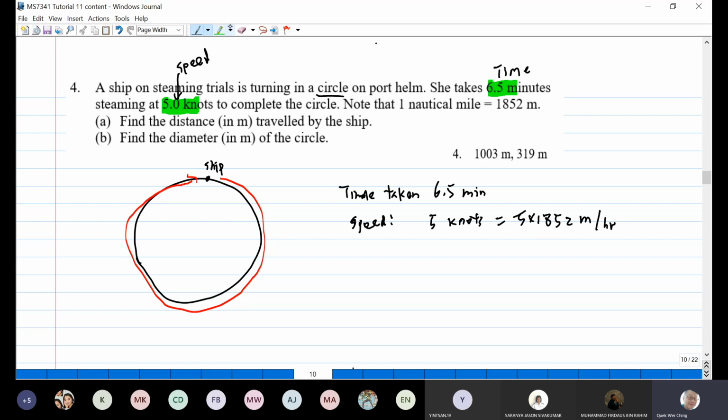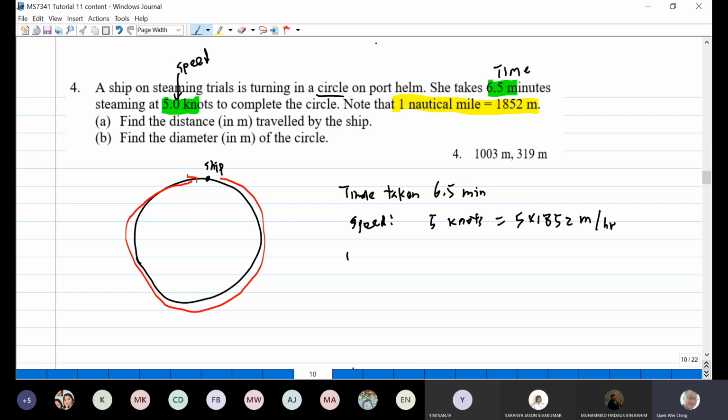Actually, knots are basically nautical miles. 1 nautical mile, 5 knots means 5 nautical miles. So how to find the distance now? The formula for distance.